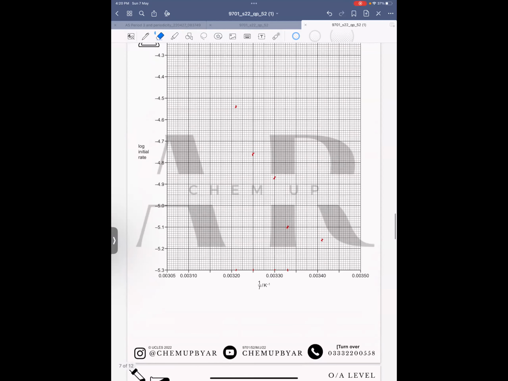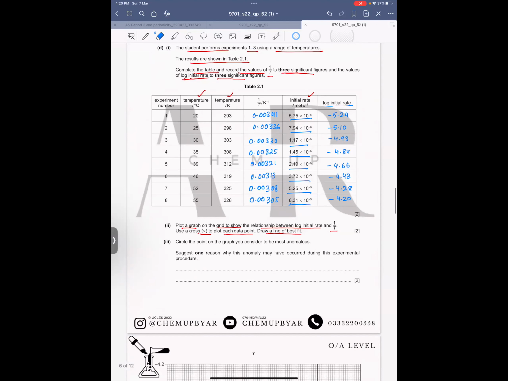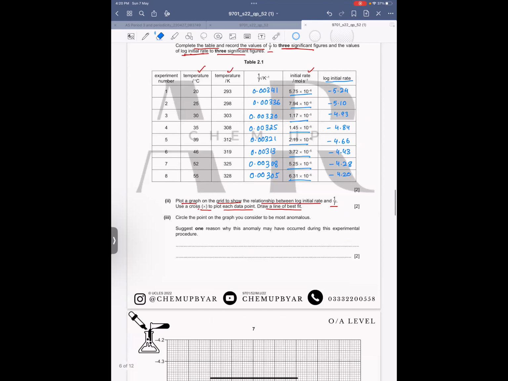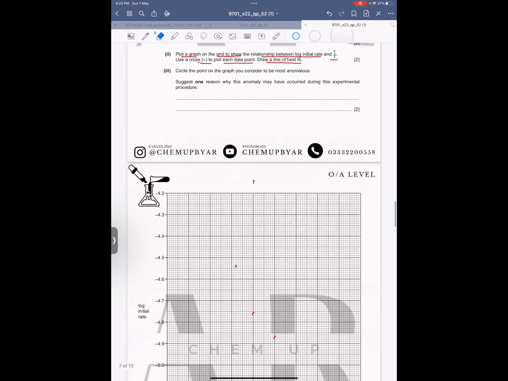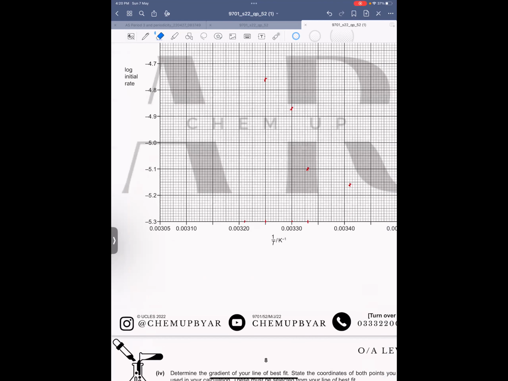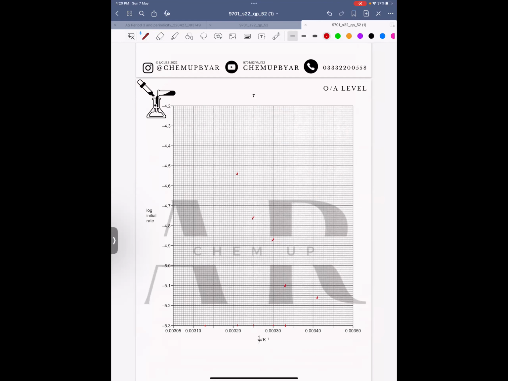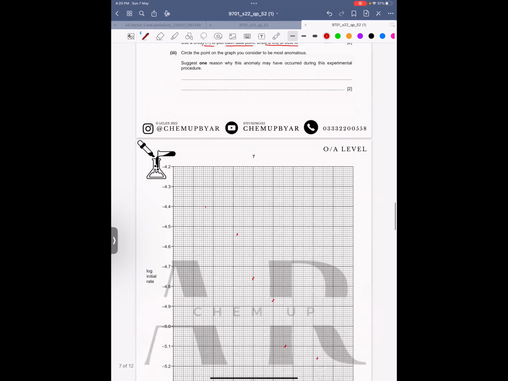So 321, 313 and 4.43. 313 must be over here, and 4.43. So here it is 4.4 and 4.43 would be over here.